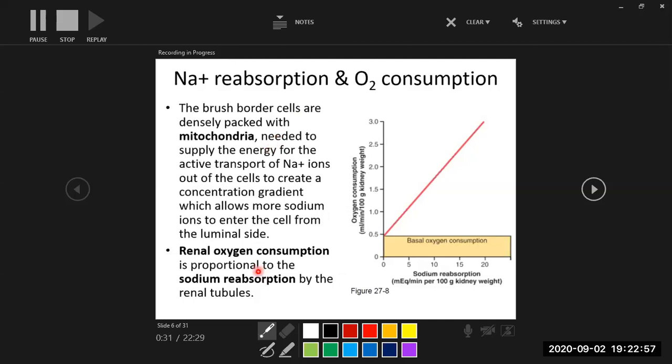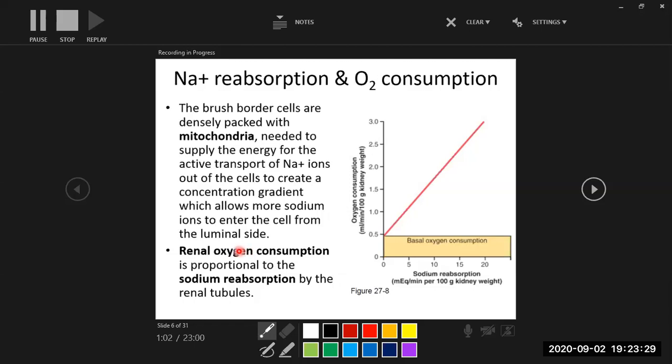Renal oxygen consumption is proportional to the sodium reabsorption amount, and this is the major region where we use oxygen to generate ATP.